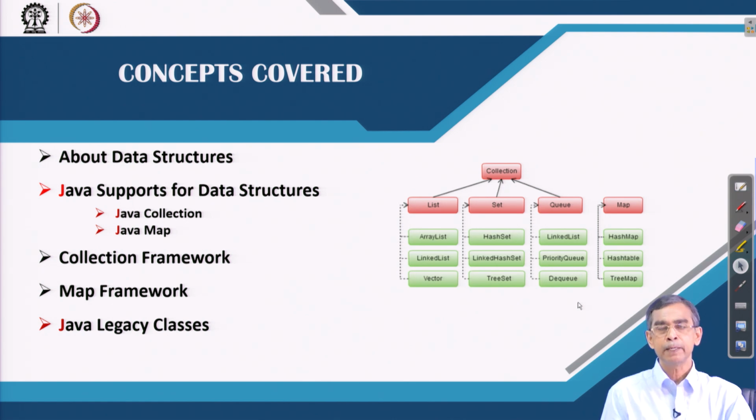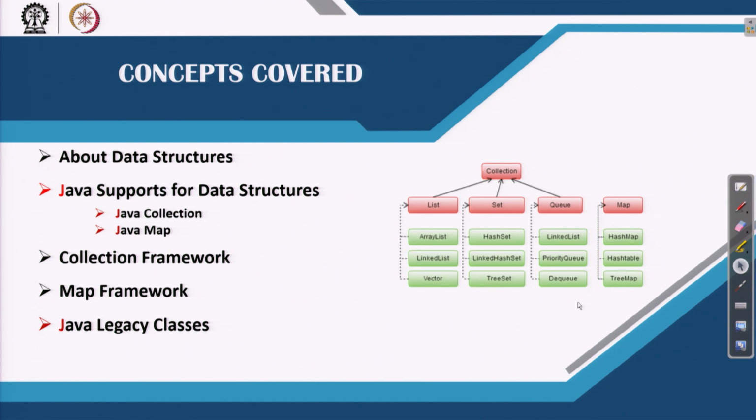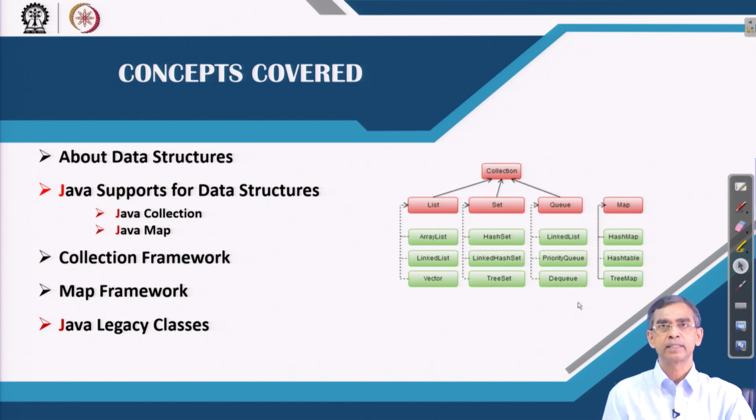Prior to it, Java developers followed a concept called Java legacy classes to handle data structure related tasks. But later on, from Java 2 onwards, they radically introduced a new concept. This is the Java collection framework.